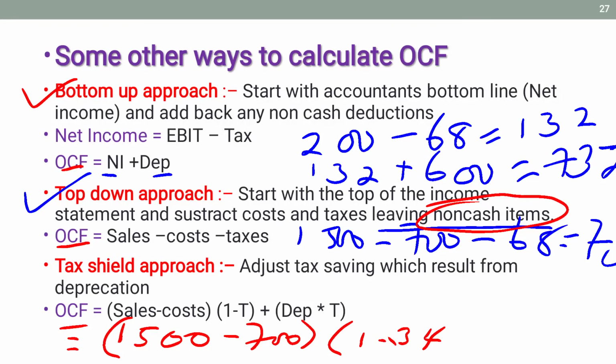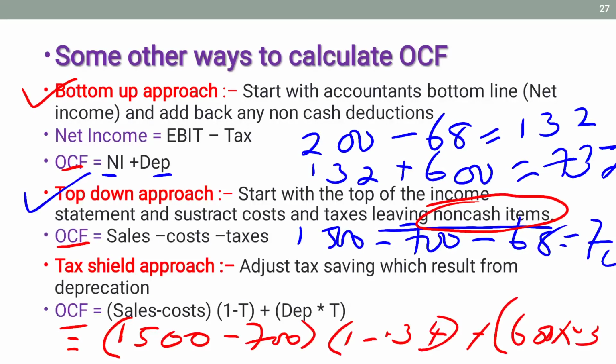that should be 0.34, right? 1 minus 34, right, within bracket, plus 600 is the depreciation into tax rate 0.34, right?